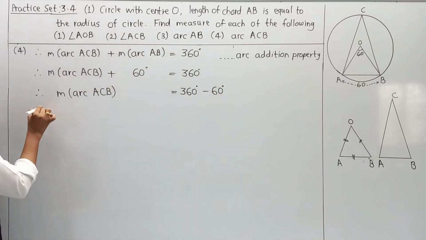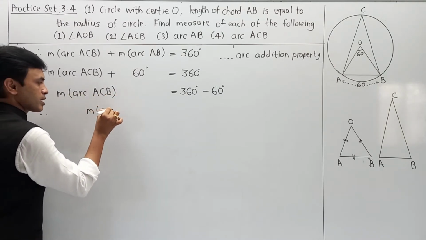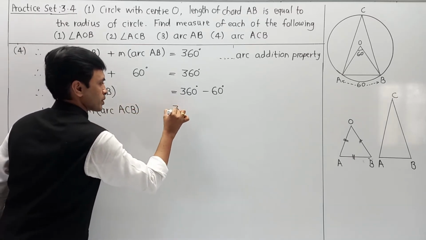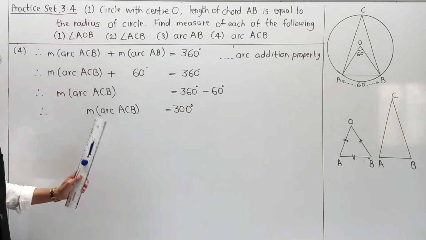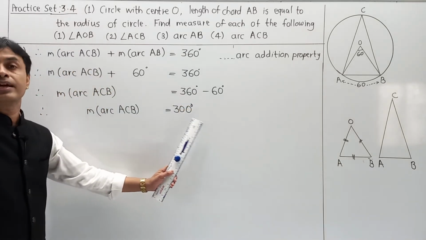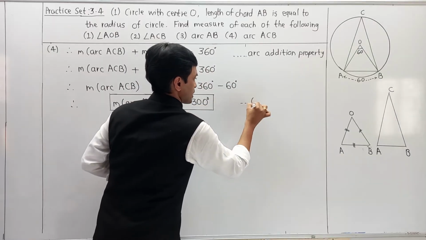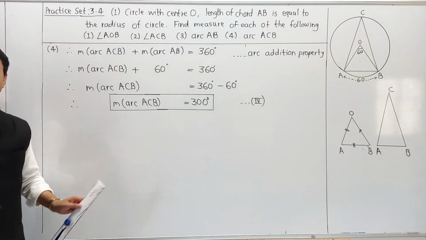And here the valuation becomes major arc ACB is equal to 300 degrees. And in this way, the value of major arc ACB is 300 degrees, and that is your last and fourth answer. Giving it as equation number 4. And in this way, you can solve the entire numerical.